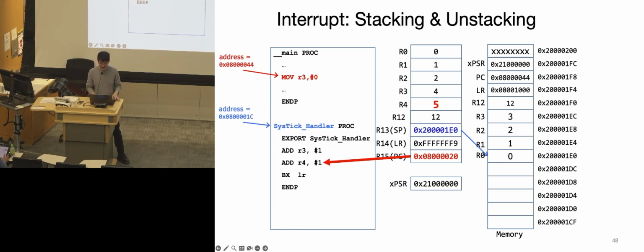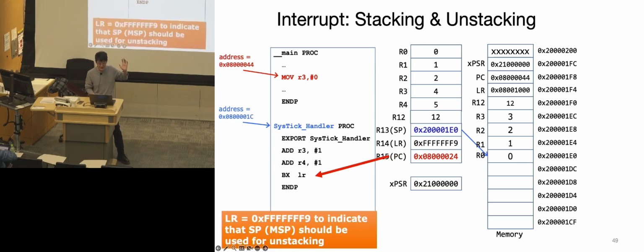If you need to change any of those callee-saved registers, make sure you stack the previous values of the register before you do the modification. But in this case, it's a bad programmer, so it changes register R4 slightly.